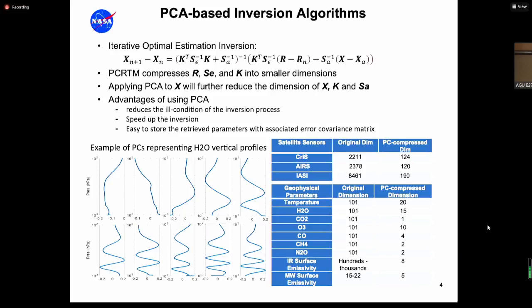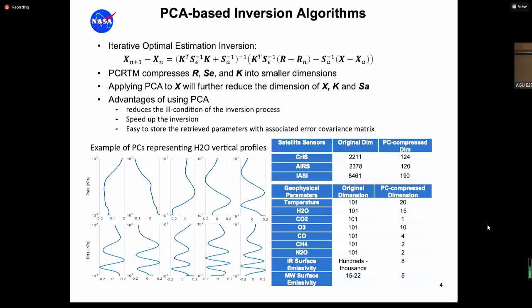So you will have an ensemble of solutions. So therefore, your uncertainty in your retrieved vector, which is X, will be much larger. So now, if you apply the PCA to the hyperspectral data, the first thing you reduce is the random noise. So you reduce not only the computational time, but also the ill-conditioning of your inverse problem.